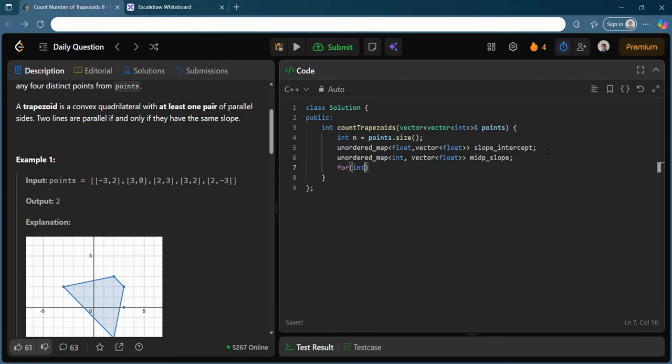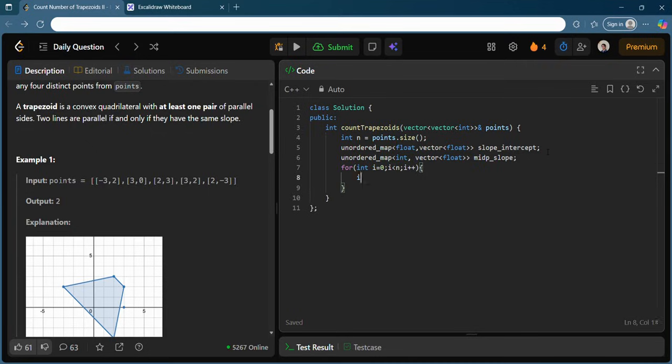And you can now iterate through all the points. So you have i less than n. You have x1, y1, x2, y2. Those things you just calculate. So x1 is nothing but points of i 0, and y1 is also simple, it is nothing but points of i 1.